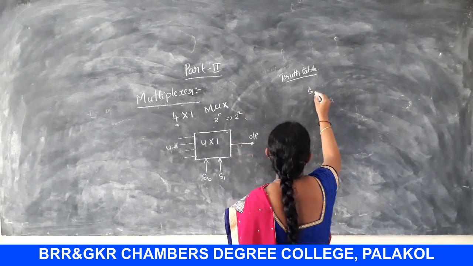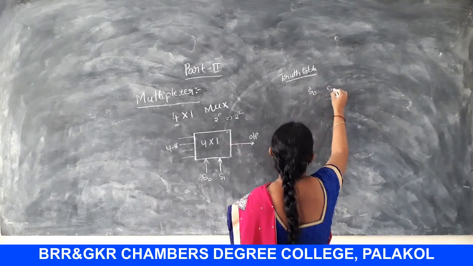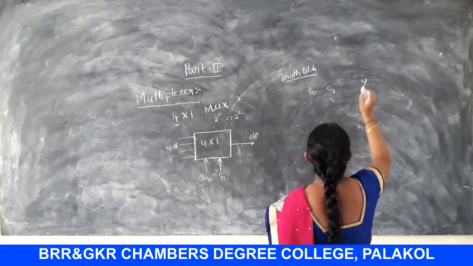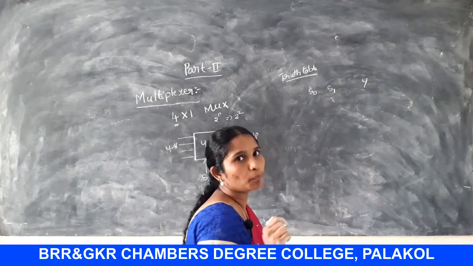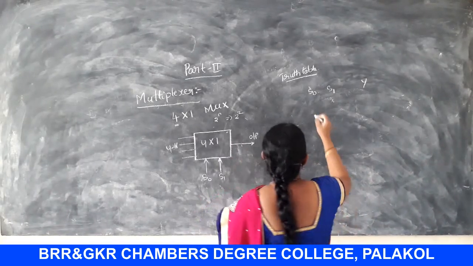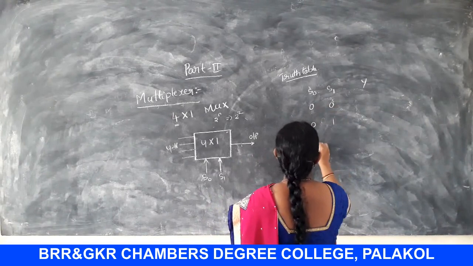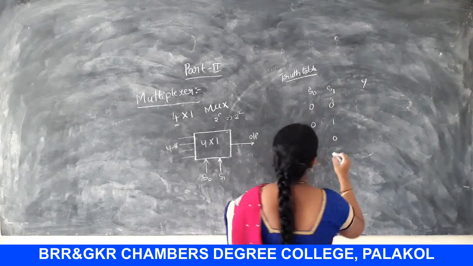There are selection lines S0 and S1, and it produces only a single output depending upon these selection lines. So it has 2 selection lines: 0 0, 0 1, 1 0 and 1 1.